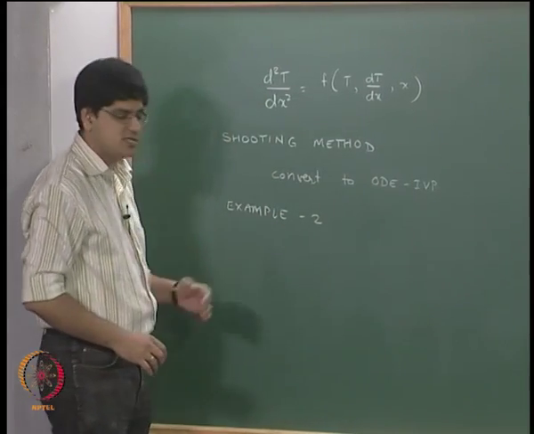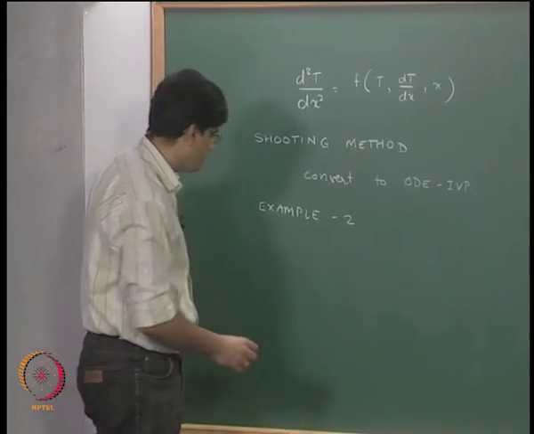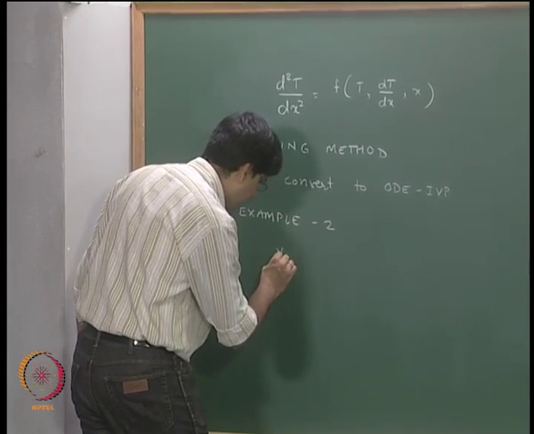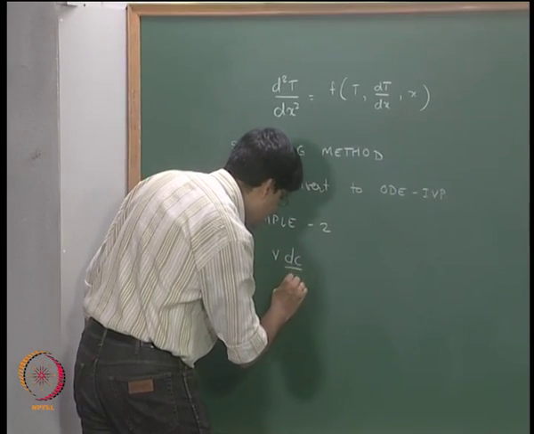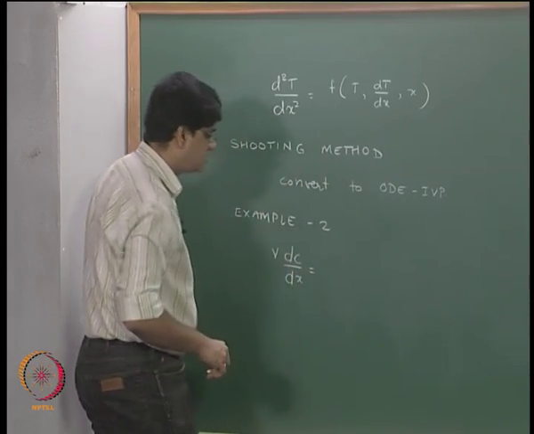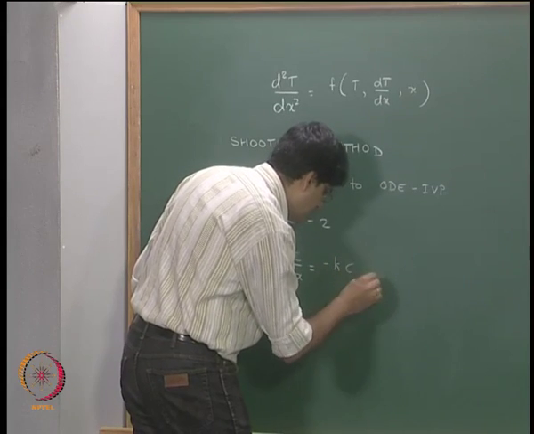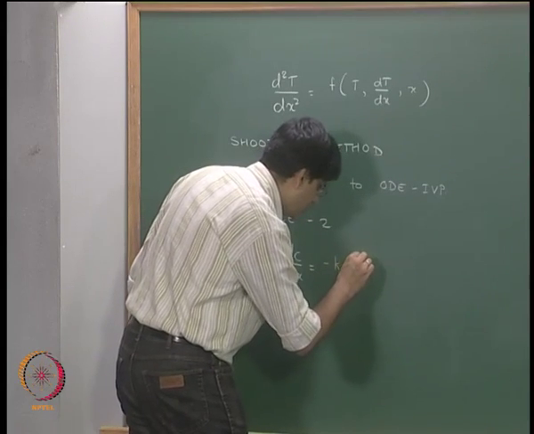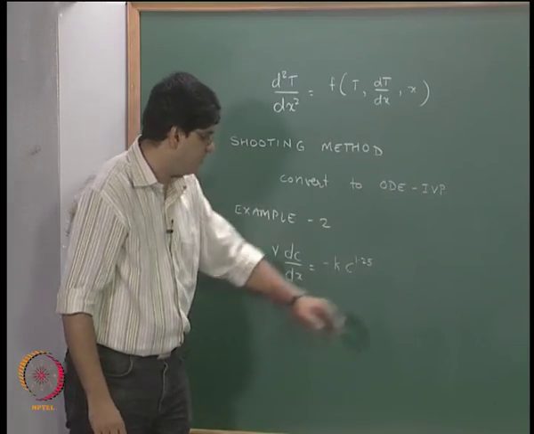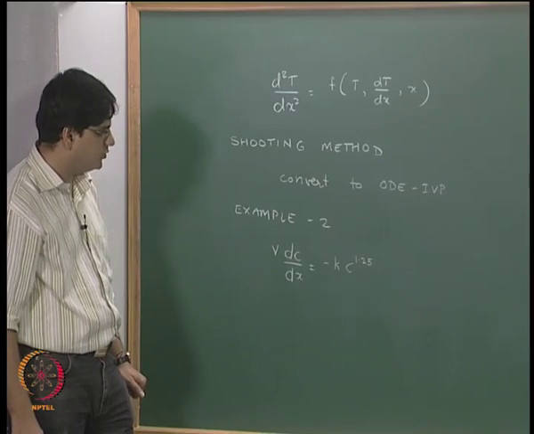That was based on a modification to the example that we had done in ODE initial value problems. The PFR, the plug flow reactor example we considered there was of the form V dC by dx, where C is concentration, equal to minus K multiplied by C to the power 1.25. So this was the example that we had taken in the previous module.